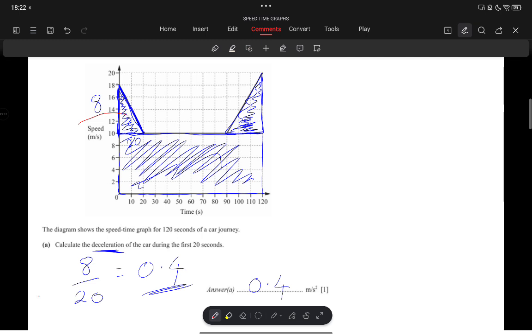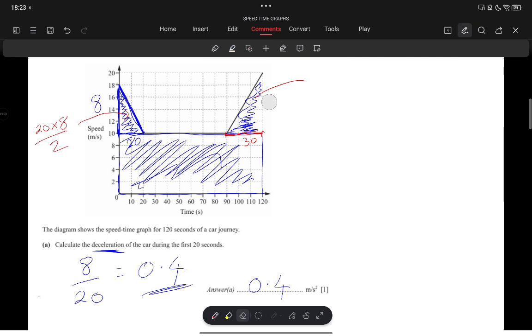So the first triangle, the base was 20, the height was 8, base times height divided by 2. This triangle just here, we're going from 90 to 120, so that's 30, isn't it? And the height is still going to be 8. No, it's not, is it? I'm wrong about that.